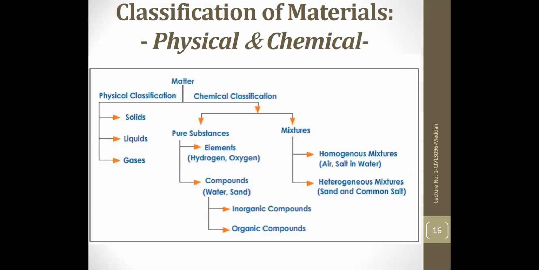So based on their physical state, materials could be in state of solid material or liquid or gas. In terms of chemical classifications, you can find two main categories: pure substance and the mixture one.